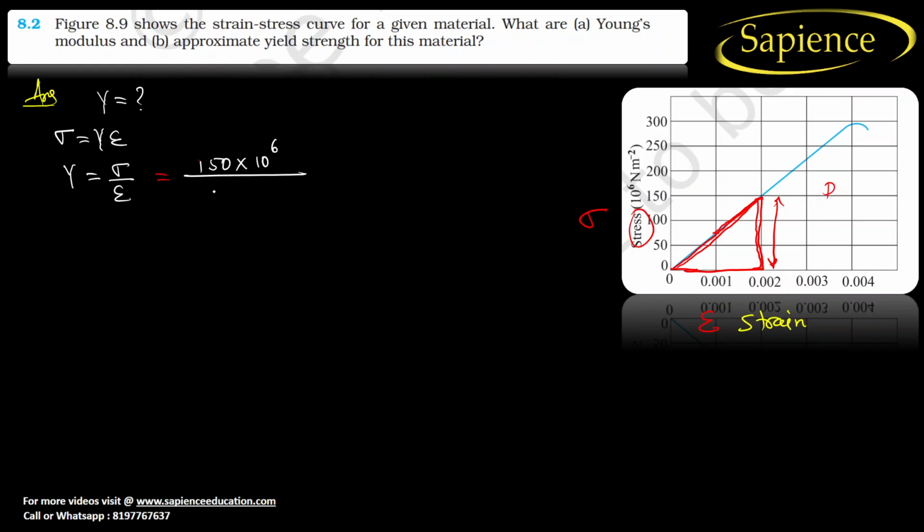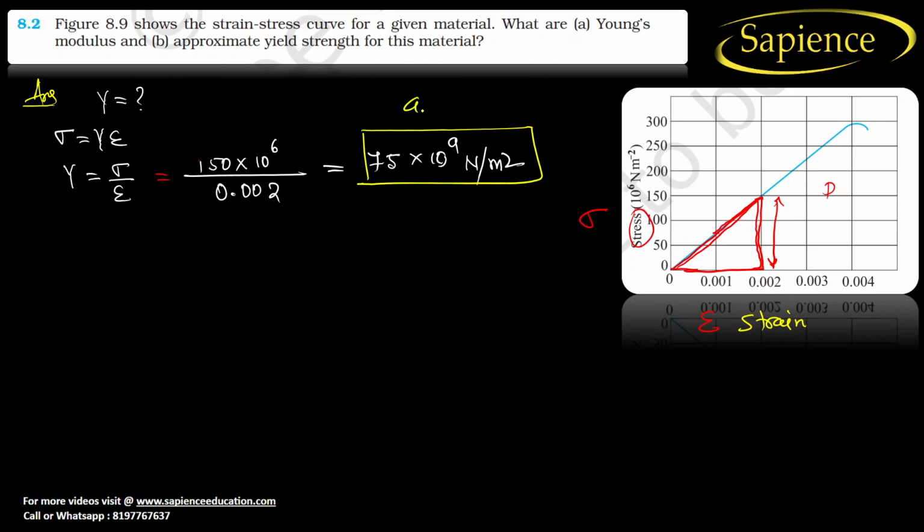The strain is 0.002. So when I divide this, we get 75 into 10 to the power 9 Newton per meter square. So this is the required answer for part A.